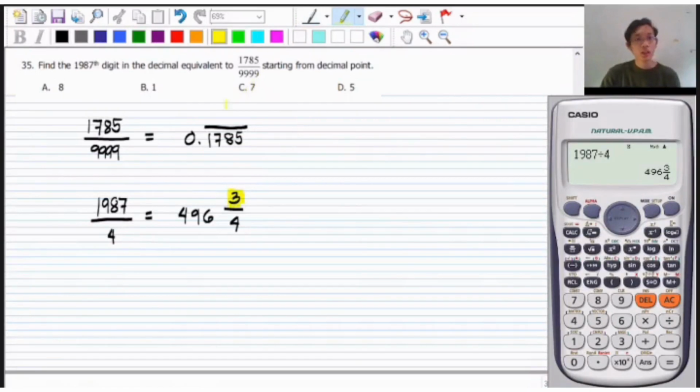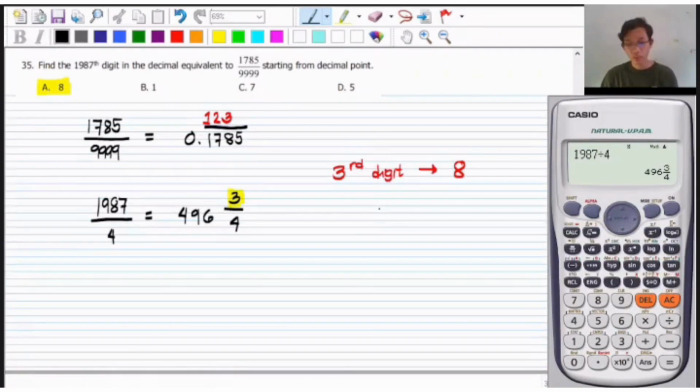Ibig sabihin, yung pang 1,987 na digit is pangatlo. So, this is 1, this is 2, this is 3. So, third digit now is 8. So, ang pang 1,987 na digit will also be equal to 8. Okay? So, that is how you solve or hanapin yung pang 1,987 na digit.